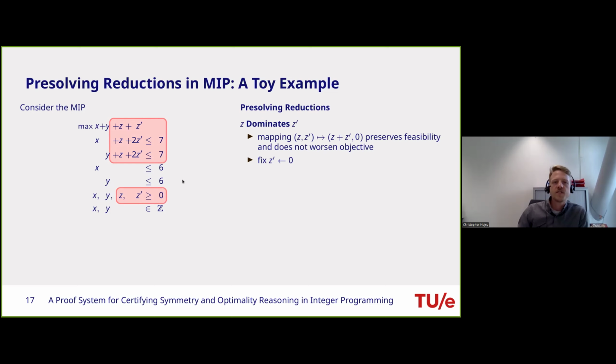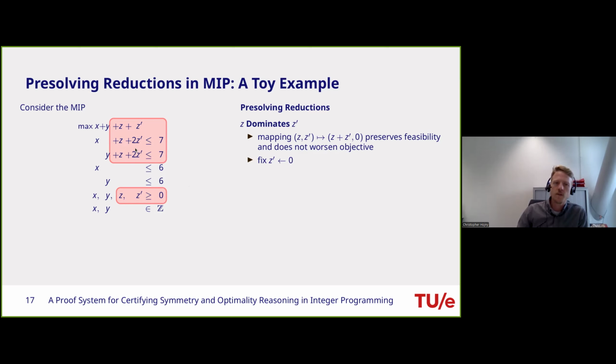And the reason for this is that if I look into the constraints here, then the coefficient in front of z prime is always larger than the coefficient in front of z. So this means if I take the value in a solution of z prime and I shift it to z, more formally, if I replace a solution z comma z prime just by z plus z prime comma 0, then I obtain a feasible solution because the constraint has more slack.